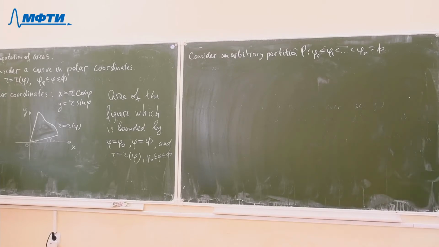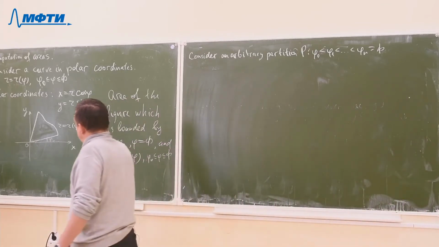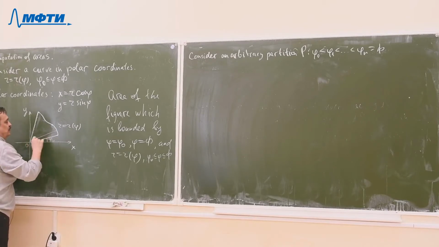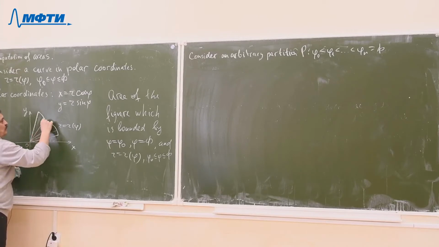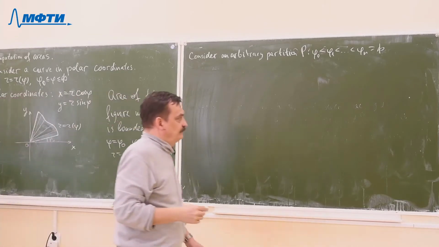Phi naught is the initial value. So, what does it mean geometrically? It means that we consider several values of phi, like that, like that, like that.